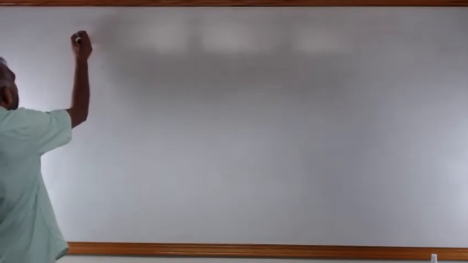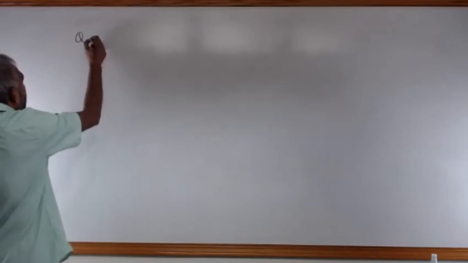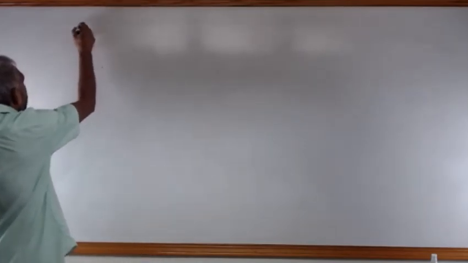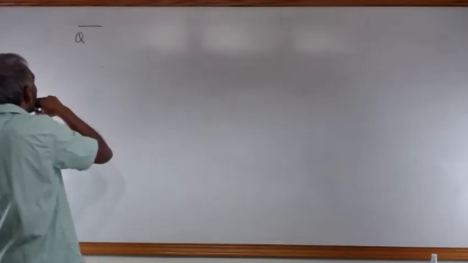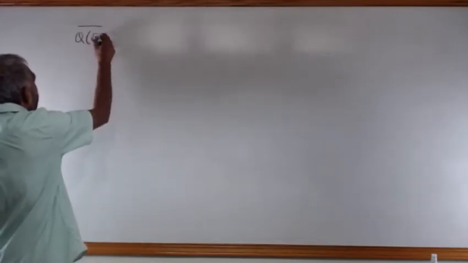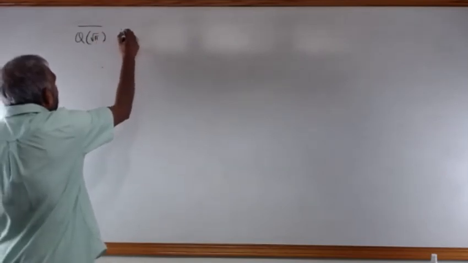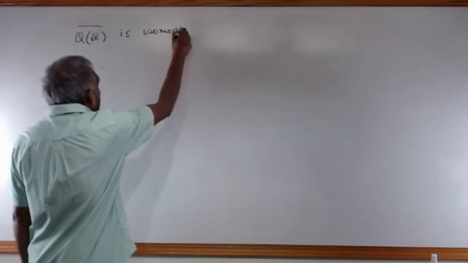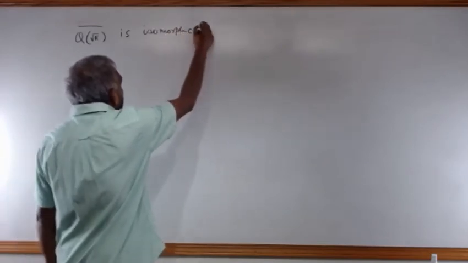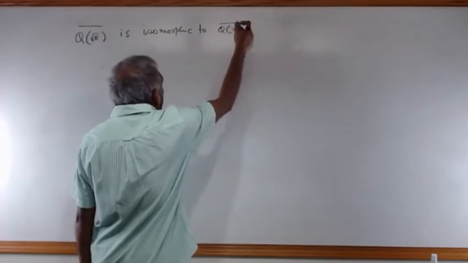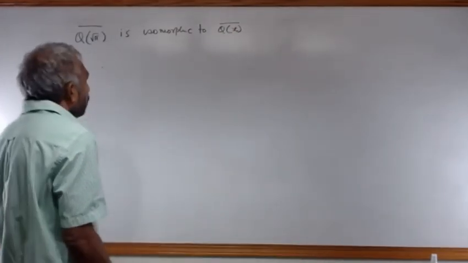The result which we are going to prove is that the closure of the simple extension Q of root pi is isomorphic to the closure of Q of x.